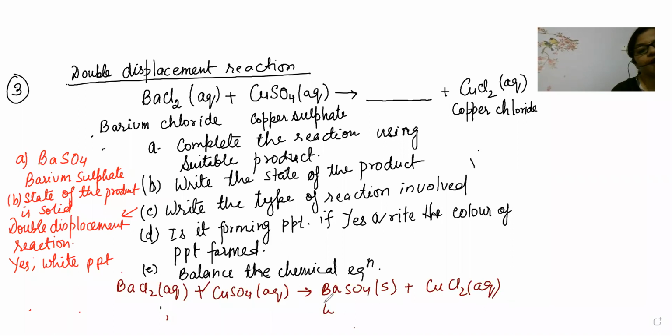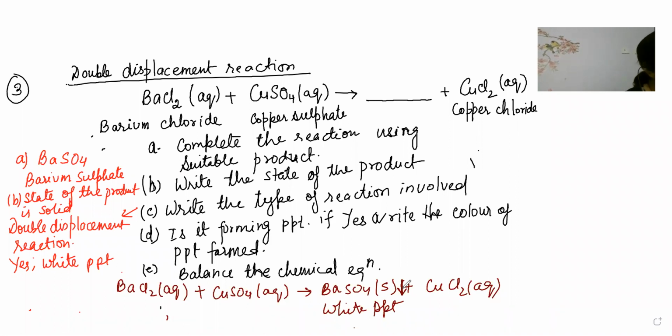And here you write white PPT formed, and white PPT arrow down. PPT formation, arrow down. So like this, you can get full marks by writing the content. I hope you have understood how to write this question.